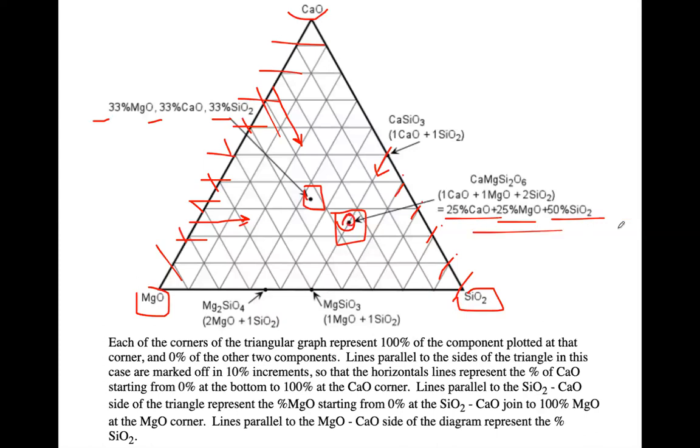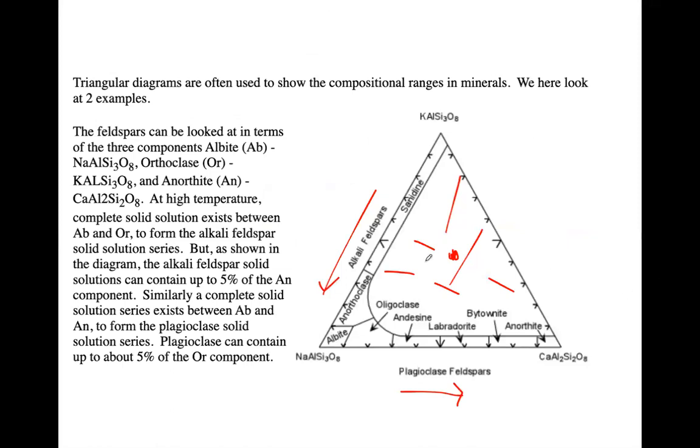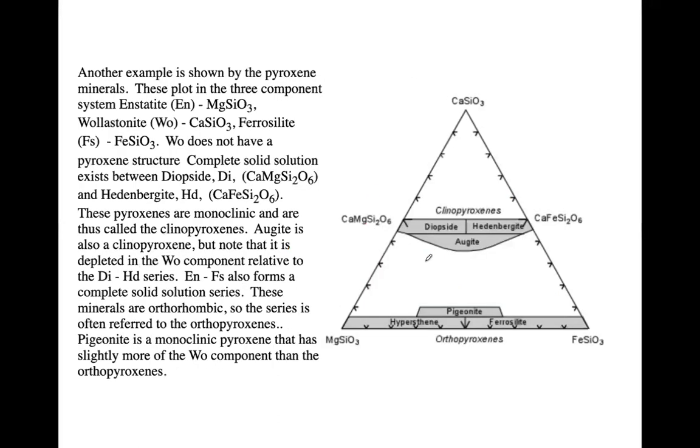That means no feldspar like this in terms of potassium, sodium, and calcium. Okay, right. So it's a missing area of composition.